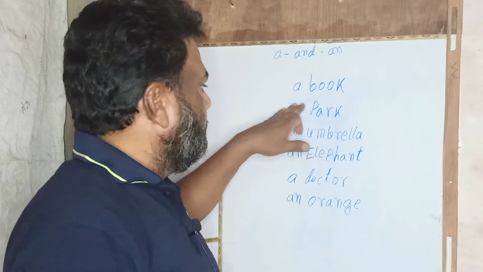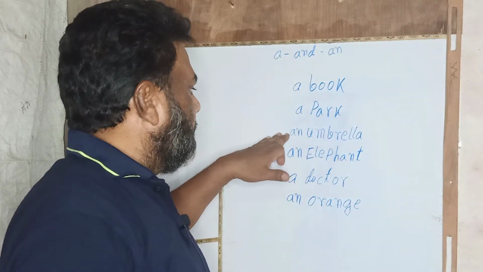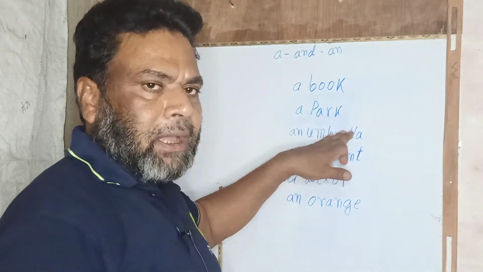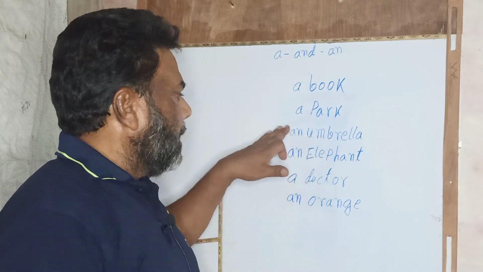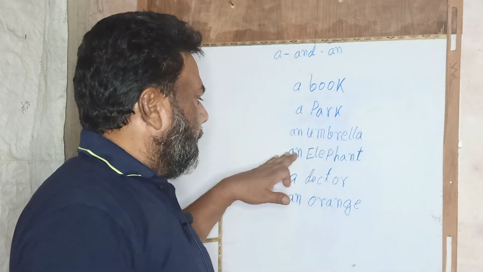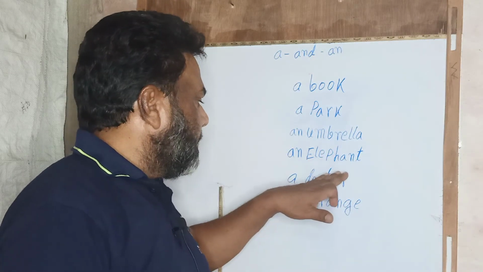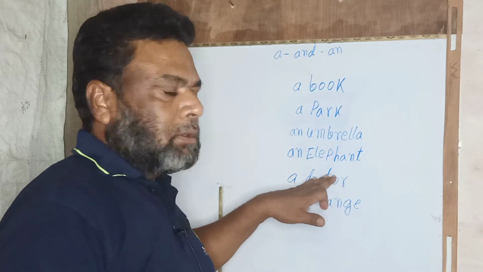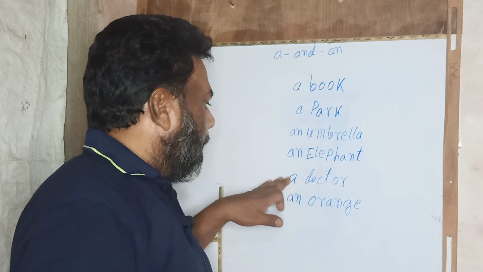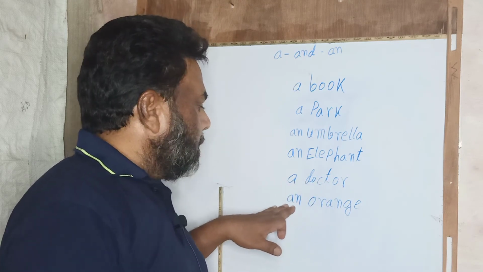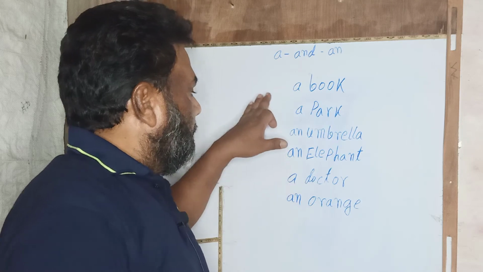A book, a park, an umbrella, an elephant, a doctor, an orange.